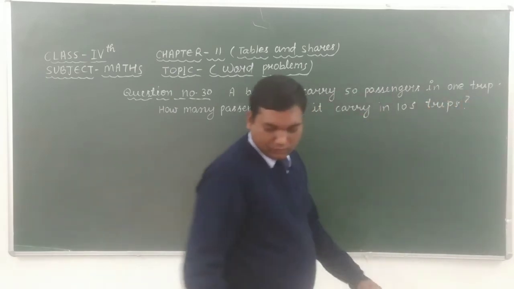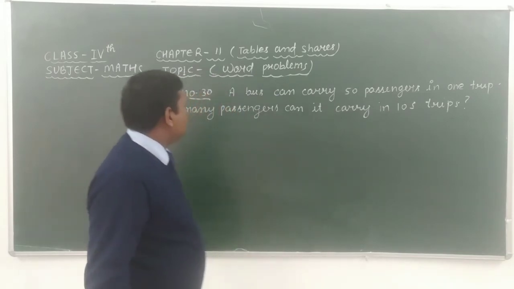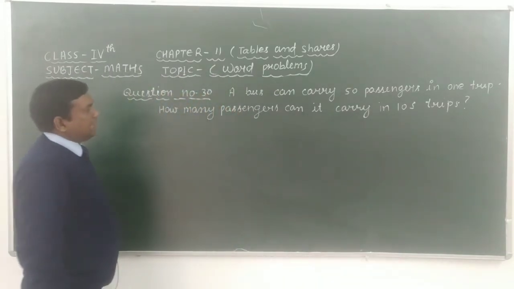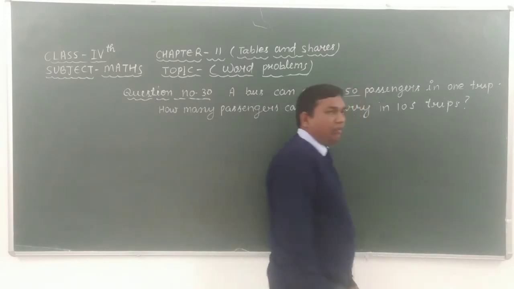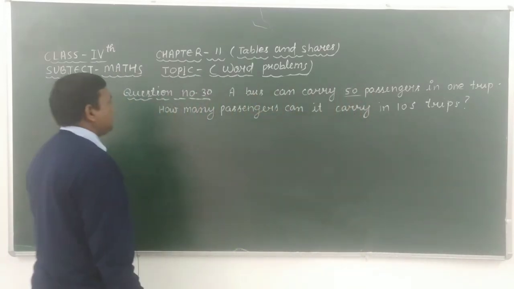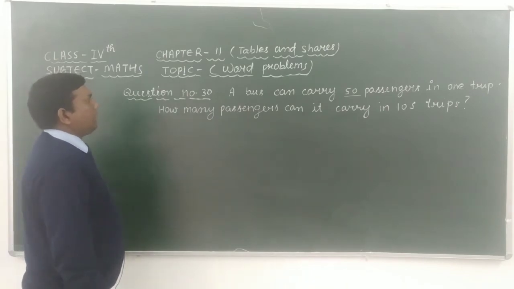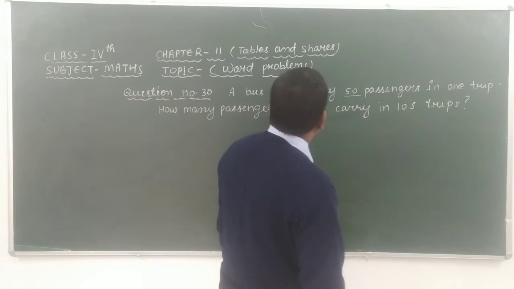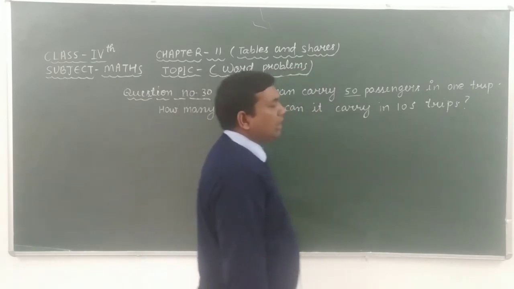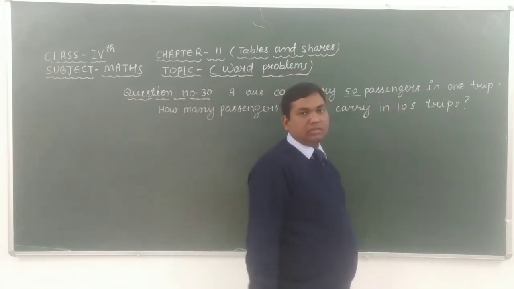Okay, students. Look at it carefully. In this question it is given that a bus can carry 50 passengers in one trip. It means that the total number of passengers carried by bus in one trip is equal to 50 passengers.